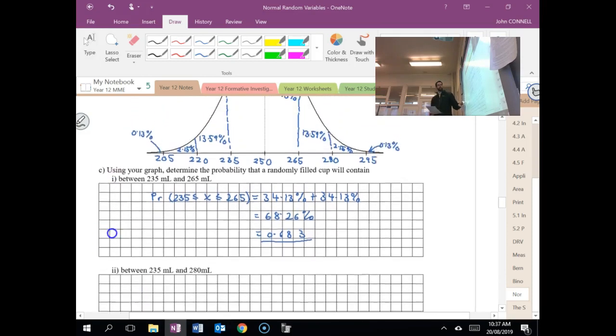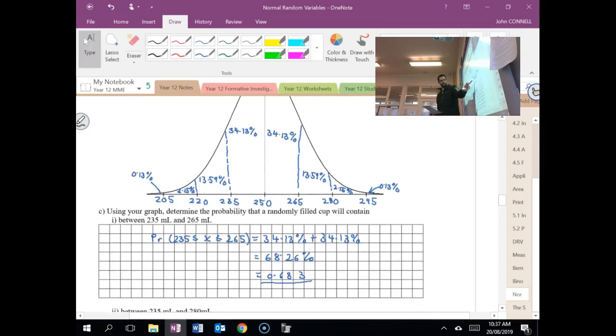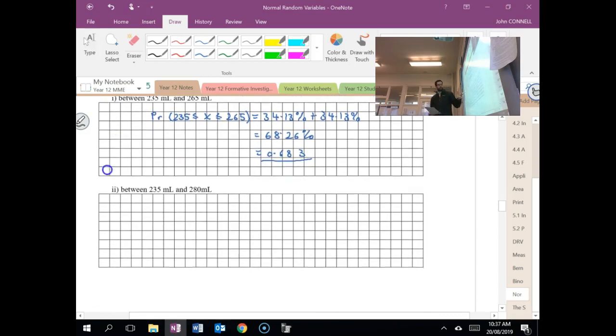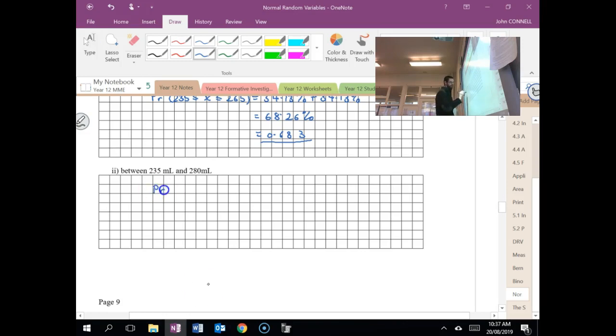Probability between 235 and 280. So 235 is there, 280 is there, so I'm just going to have to add on this 13.59%. So the probability that any cup will be between 280 and 235 will be 68.26% plus 13.59%. So that's 0.6826 plus 0.1359, which is going to give me 0.816.